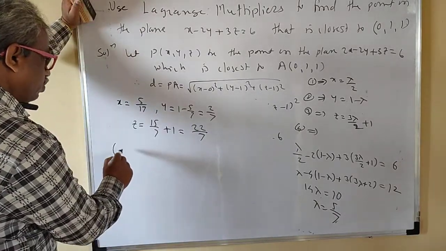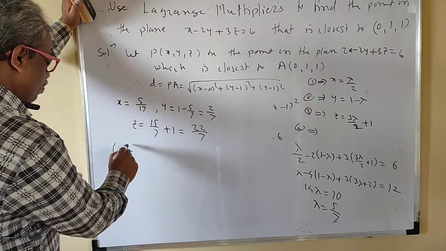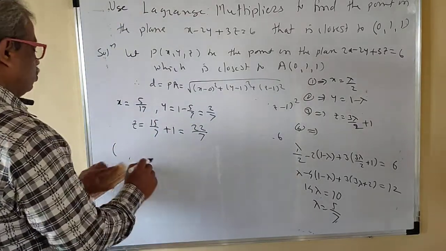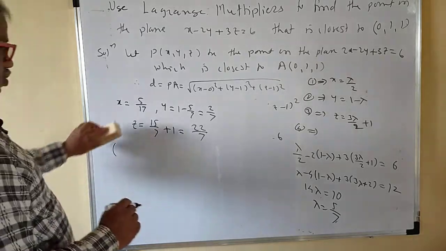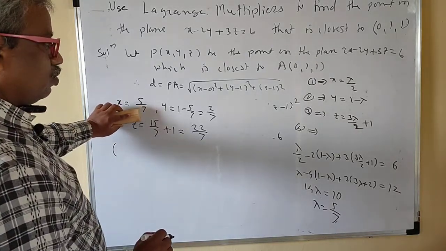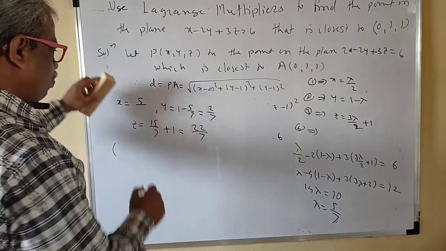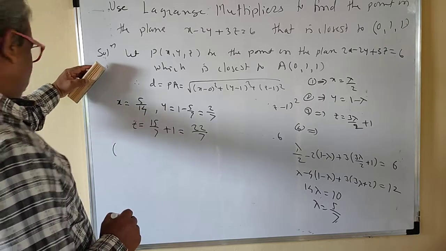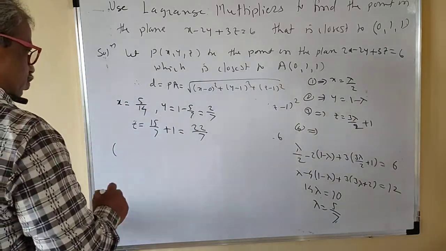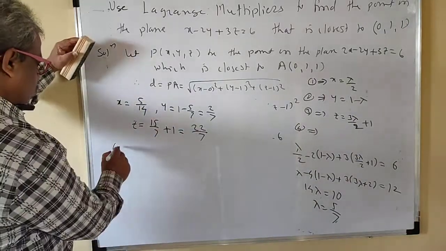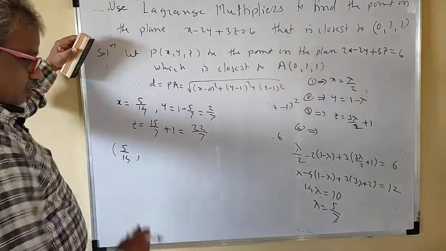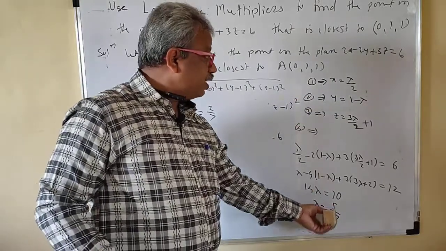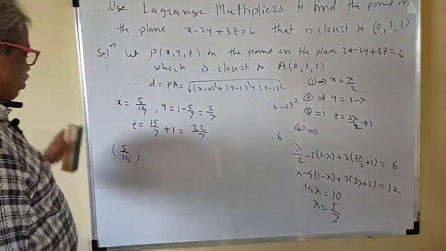Right. So your point is what? So x is lambda by 2, so this is 5 by 14 actually. Right? The value of lambda is 5 by 7 and this is lambda by 2, so it is 5 by 14.